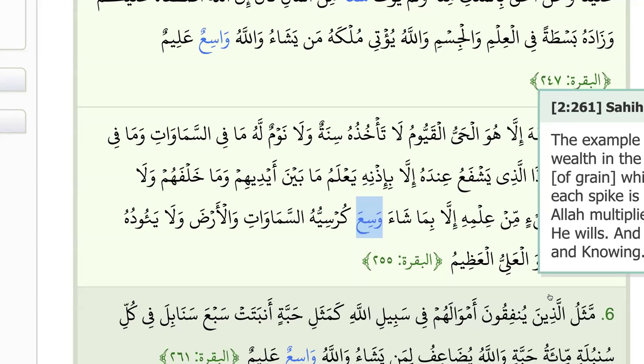Now, I showed you that the present tense form of wasi'a is yasa'u. Yasa'u. So, what happened here? Why is the waw dropping in the word yasa'u, though it is not the Fataha clan, it is not the Daraba clan, it is not the Hasiba clan?